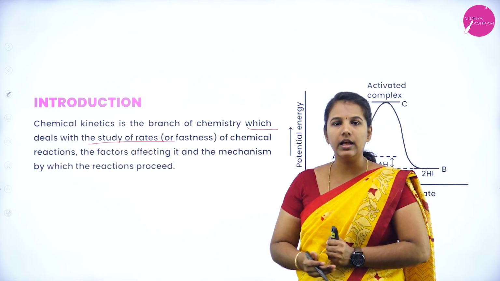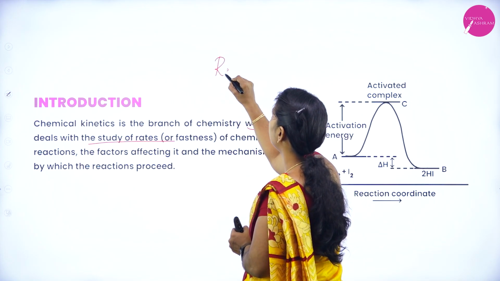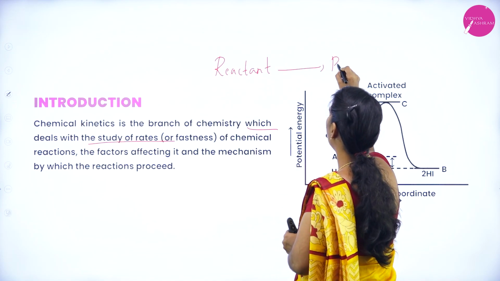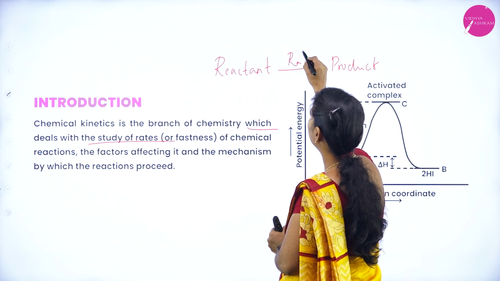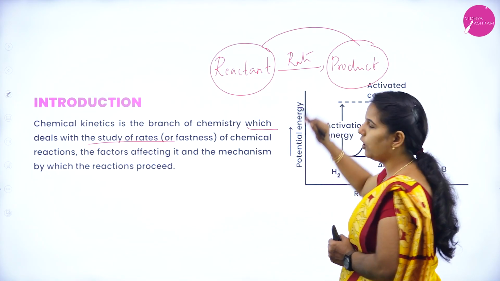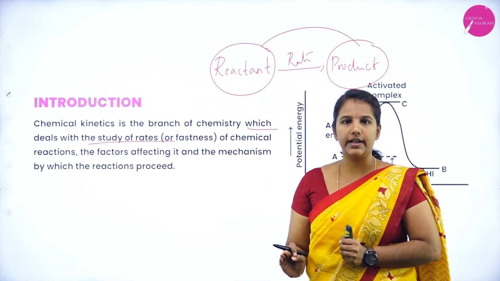Whenever you consider any reaction in chemistry, a reactant is converted to the product, and at what rate this reactant is converted into the product, we are going to understand in chemical kinetics.